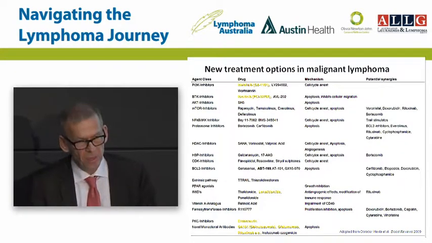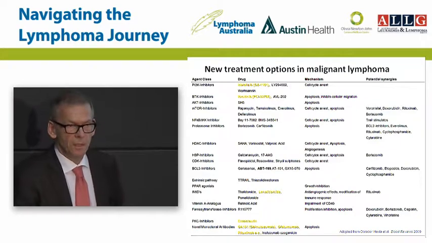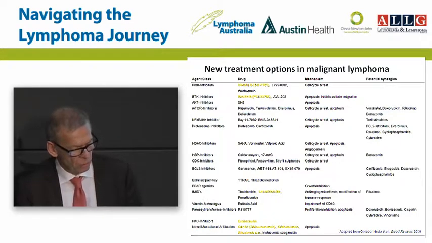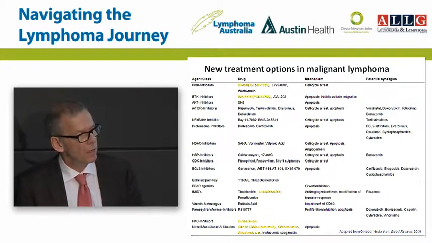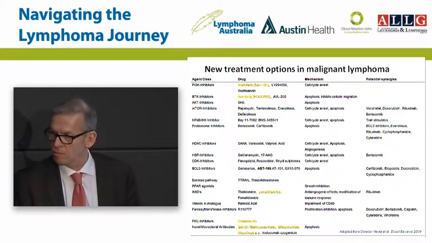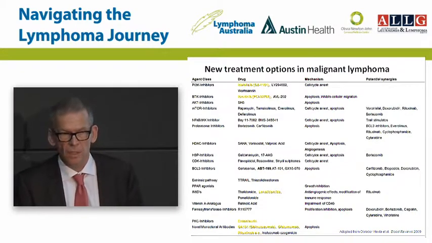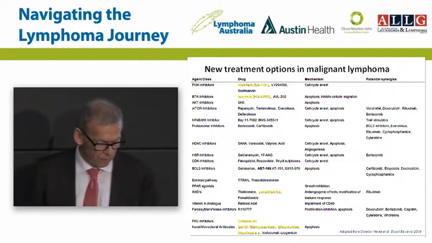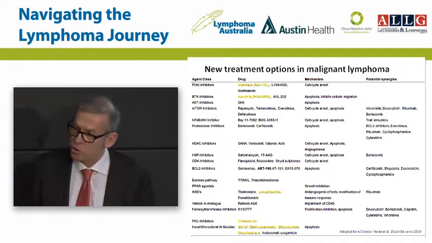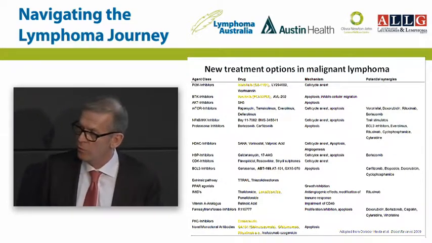And this is a very, very complicated slide, but this shows you the many new drugs that are around in this lymphoma. It's probably not even complete. So that is the hope, that many of these drugs have already shown how effective they can be in lymphoma patients.